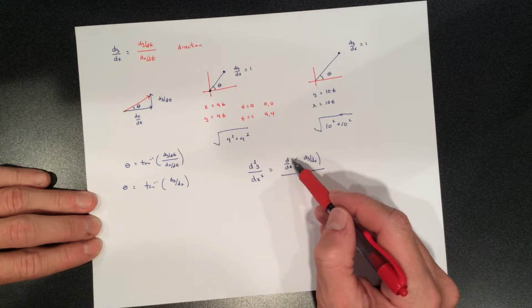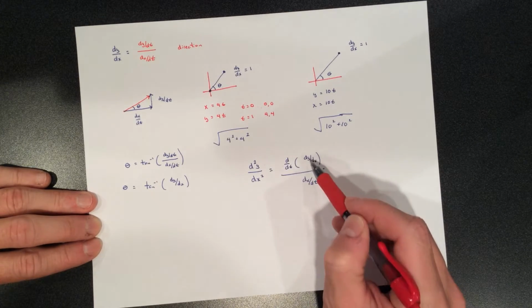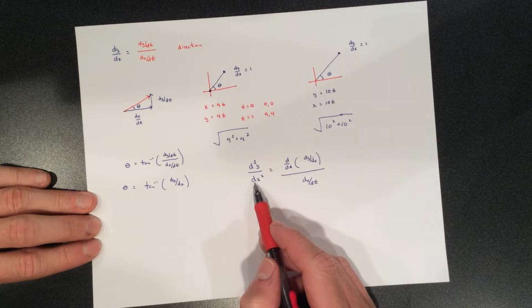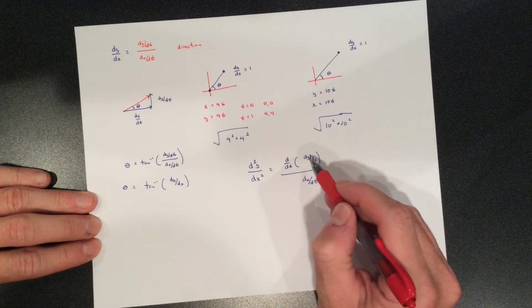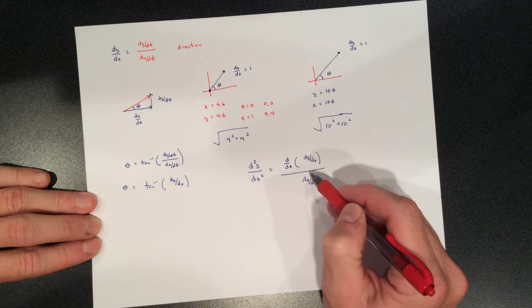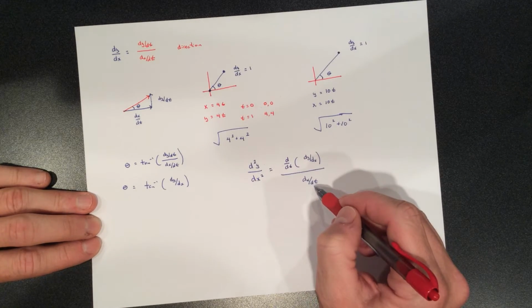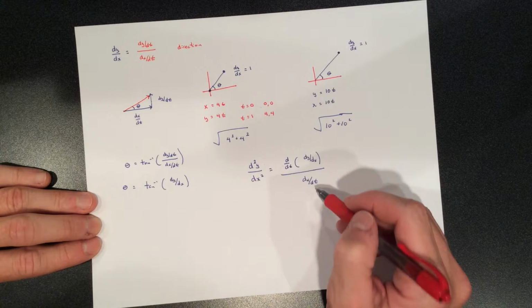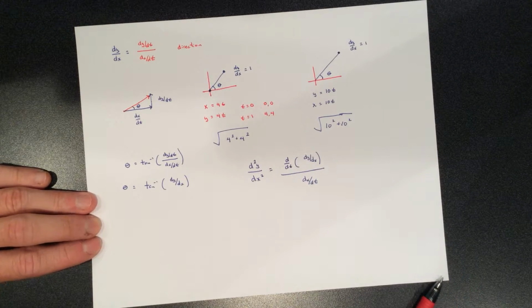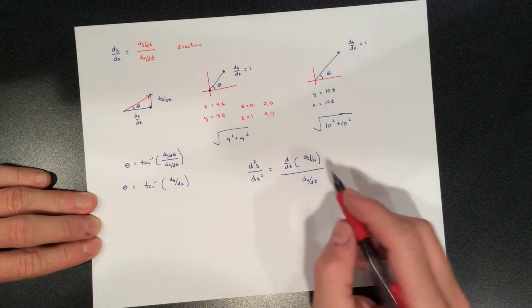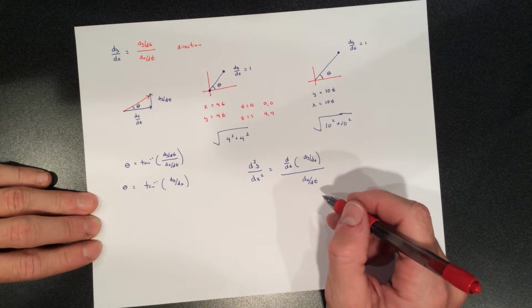This is the operator. It says take the derivative of this. So if you want to find this value, find dy/dx first, take a time derivative of dy/dx, and then divide by another dx/dt, which is just the time derivative of x with respect to time. And we'll go over some examples with that. It won't be too bad.